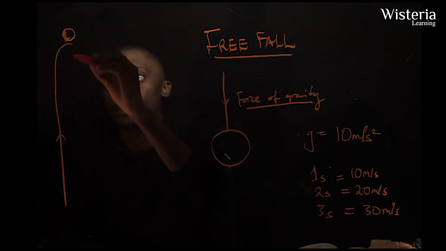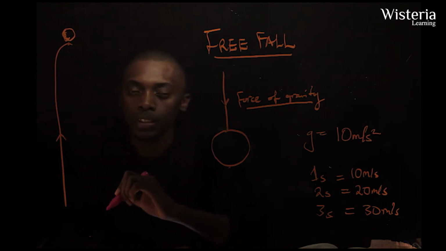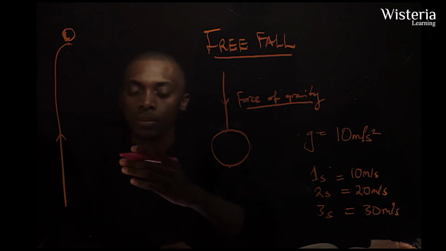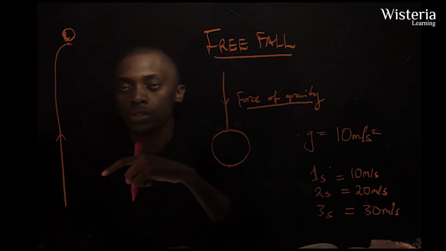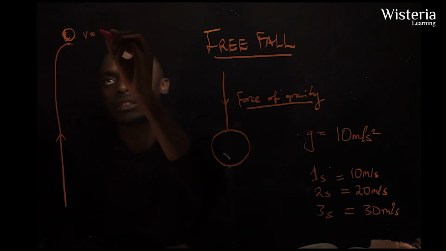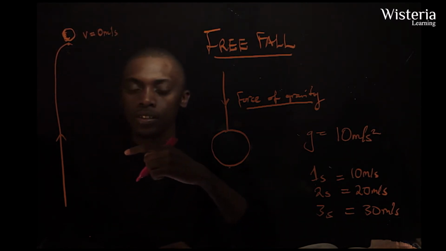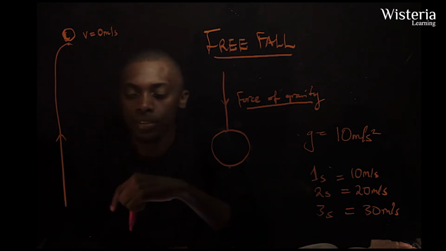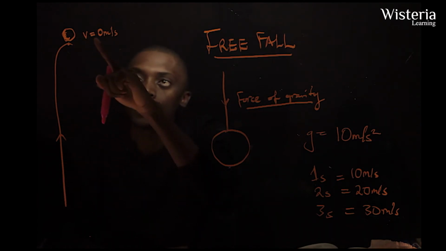We say that the object has reached a terminal velocity there. By terminal velocity, it's just the maximum constant velocity an object reaches as it falls through the air. So the final velocity for an object thrown upwards is actually 0 meters per second, because it stops momentarily, so its speed reduces to 0 meters per second.